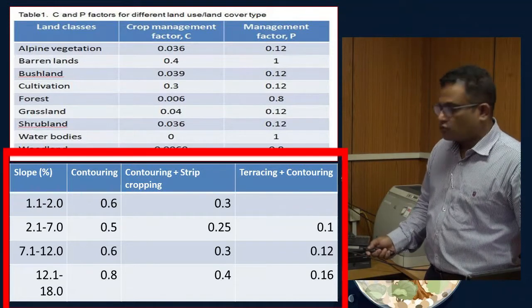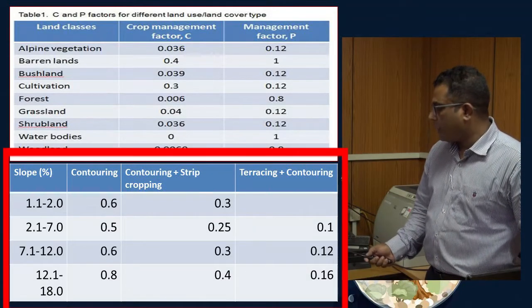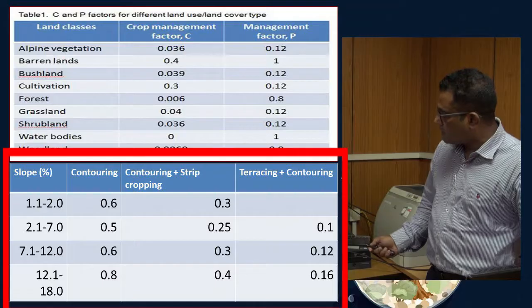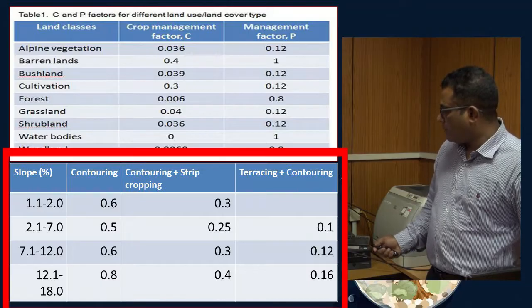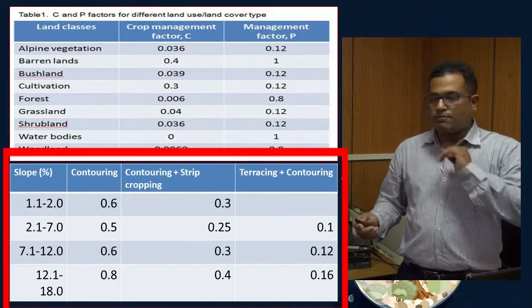Say for a particular slope of 1.1 to 2%, if contouring alone is followed, then this value comes out to be 0.6. If contouring plus strip cropping is followed, then the value is 0.3. And for such a land slope, there is no question of terracing, because we do terracing for higher slopes.